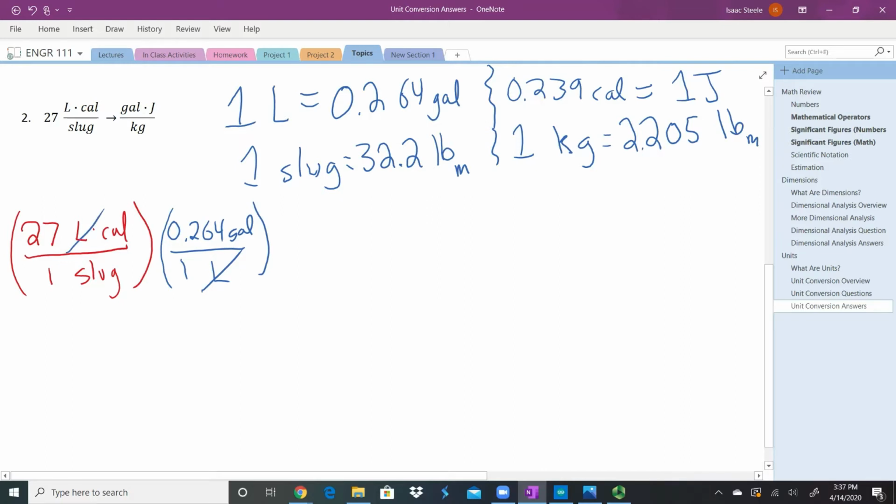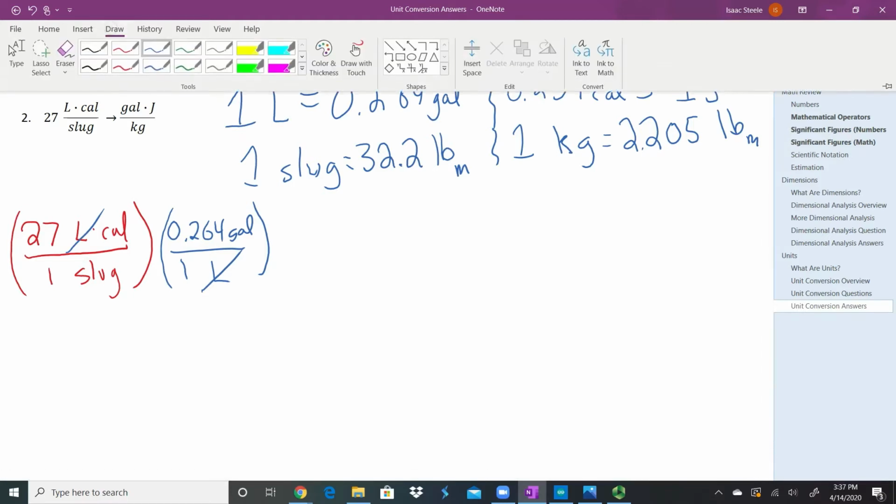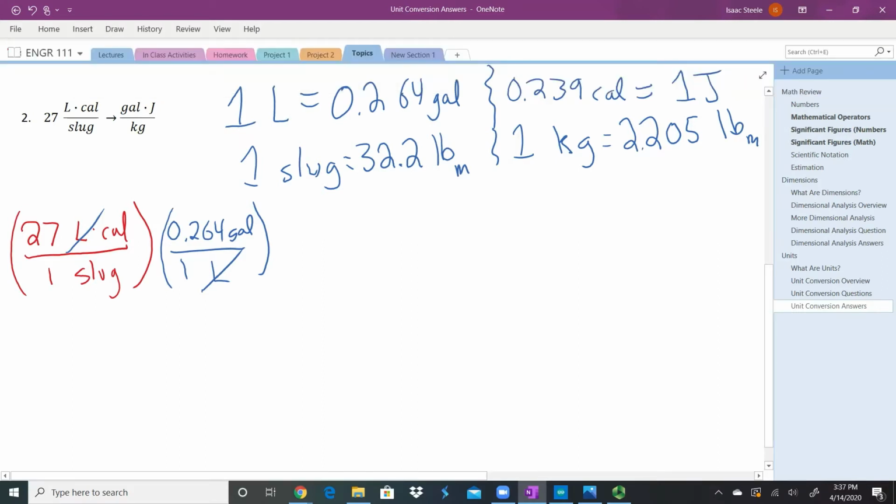So now I can move on to something else. What else do I want to cancel here? I don't want to cancel gallons, but I can cancel my calories or my slugs. I'm going to choose to do my calories next. Calories on the top. So I'm going to find my conversion factor with calories and make sure that my calorie part of my conversion goes on the bottom, which leaves an open spot on the top.